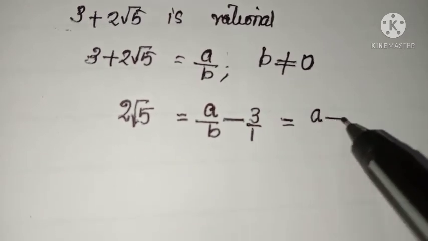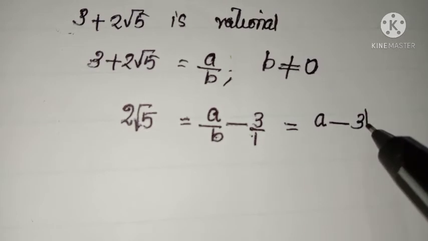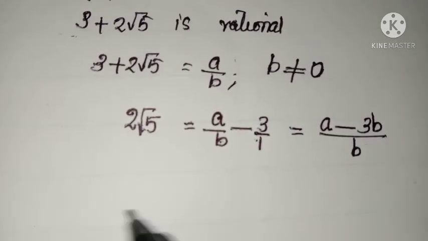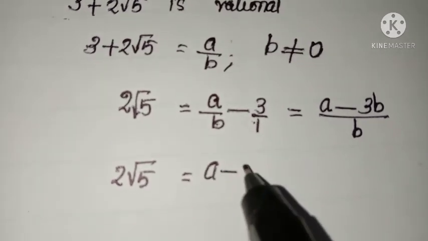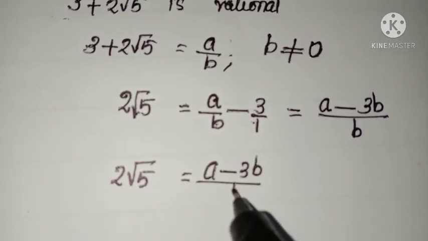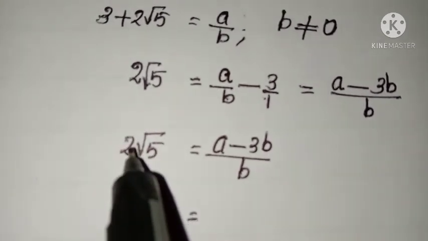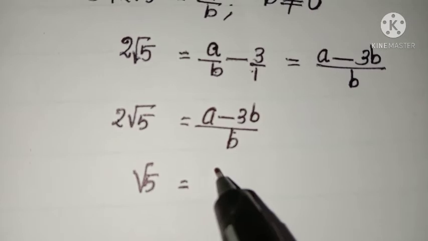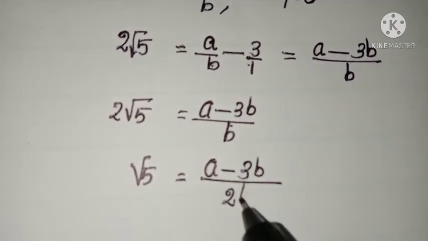We get (a minus 3b) by b. So, 2 root 5 is equal to (a minus 3b) by b, or root 5 is equal to, taking this 2 to the other side, (a minus 3b) by 2b.